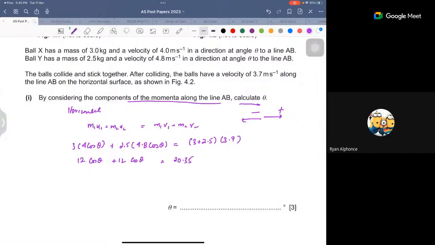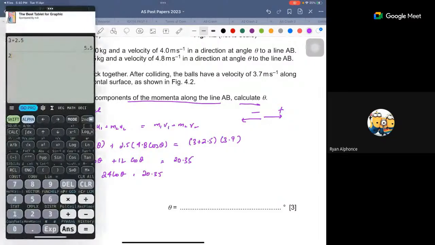This will be 12 plus 12, which is 24 cosine theta. So now we got to do 20.35 divided by 24, and then shift cos inverse. So theta is going to be 32 degrees.